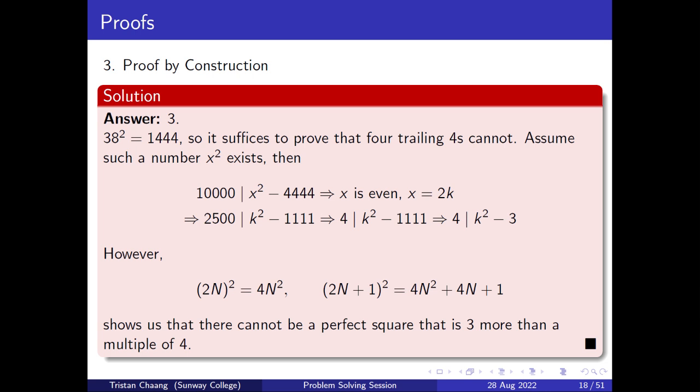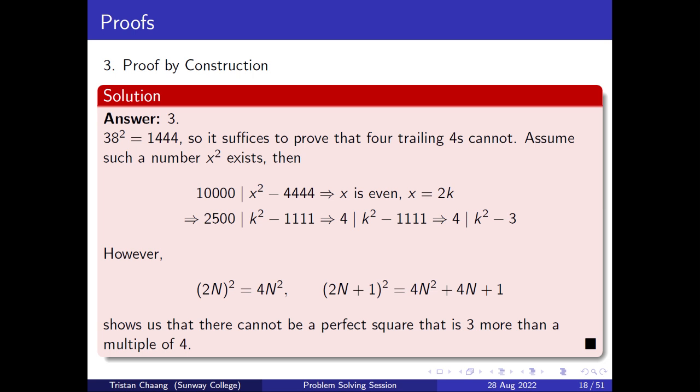That means k squared minus 3 is also a multiple of 4. But some of you that have learned a bit of primary Olympiad will know that that cannot be true. A perfect square can only be a 4k number or a 4k plus 1 number. It cannot be a 4k plus 3 number. Okay, so you can prove that as well.